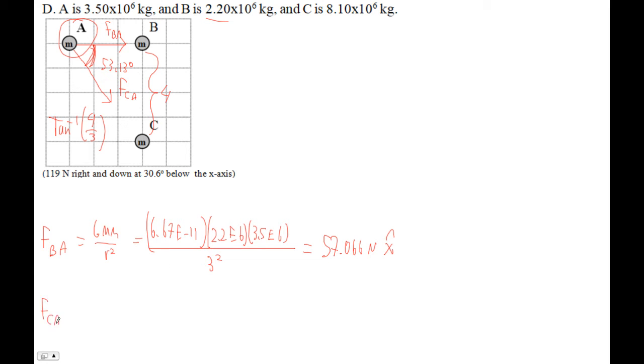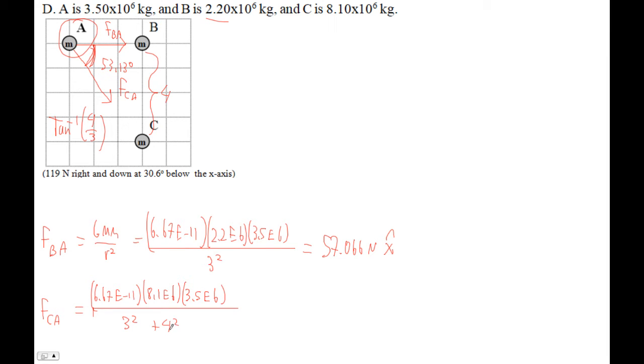Okay, so let's see. FCA is going to be 6.67 E minus 11. And C is 8.1 E6 and A is 3.5. Okay, so let's see. How far away is C? C is 3 over and 4 down. So it would be 3 squared plus 4 squared. Okay, so I'm going to grab that same expression I've got, 3 squared plus 4 squared.